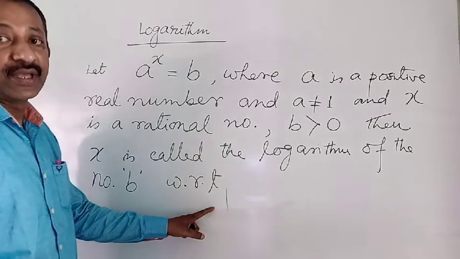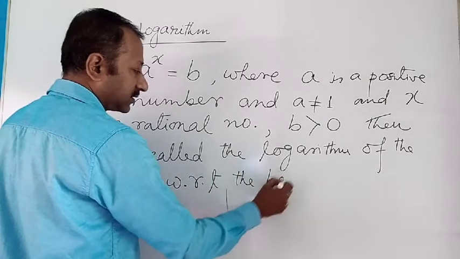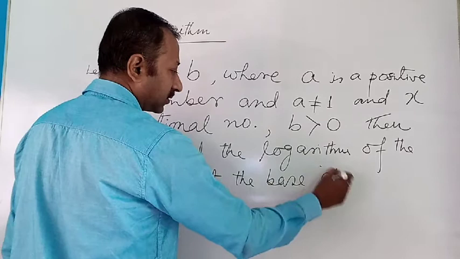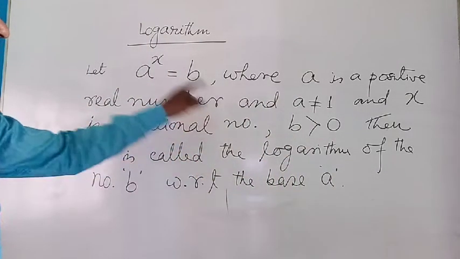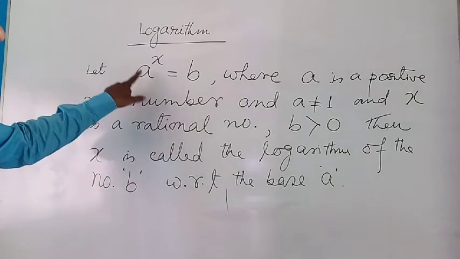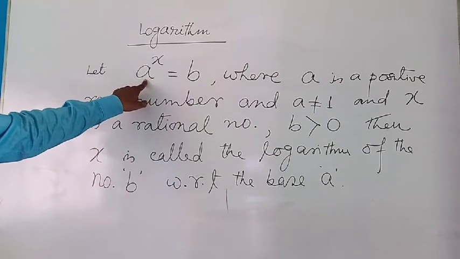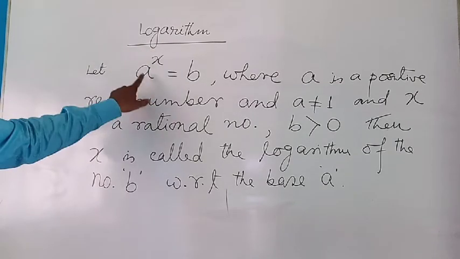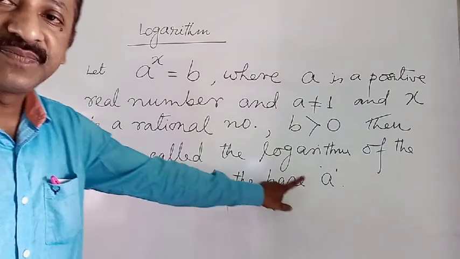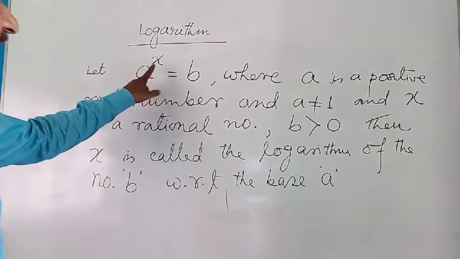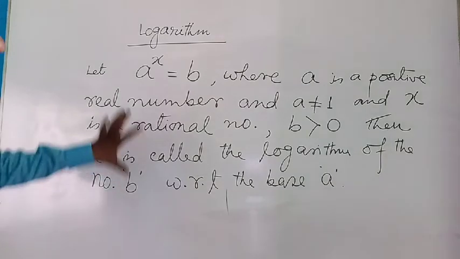WRT stands for with respect to the base. Okay. Logarithm of the number b with respect to base a. That means here the base of the power is a. In this expression the base is a. In logarithm also its base will be a. Number is what? It will be b. Alright? Now how to write this?